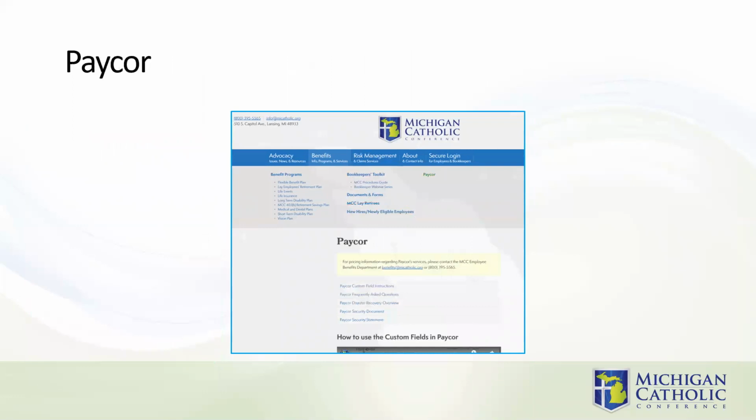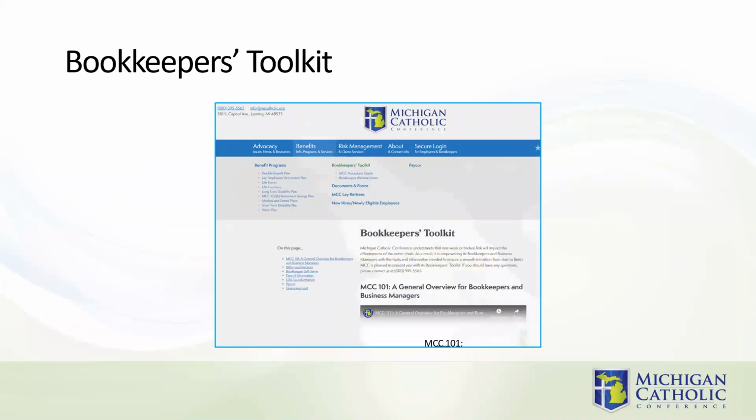Employers who use Paycor as their payroll provider will find additional Paycor specific support by clicking on the Paycor link located here. And the Bookkeepers Toolkit. This area includes the employer-specific information, presentations, cheat sheets, frequently asked questions, and other benefit-related information for you.